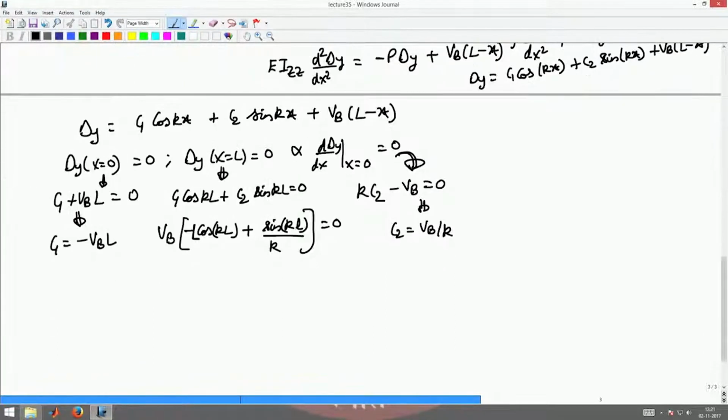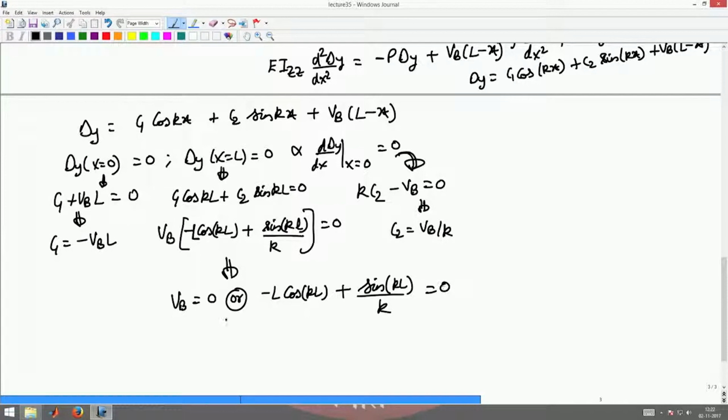This implies that either Vb has to be equal to 0 identically, or minus L times cos kL plus sin kL by k has to be equal to 0.